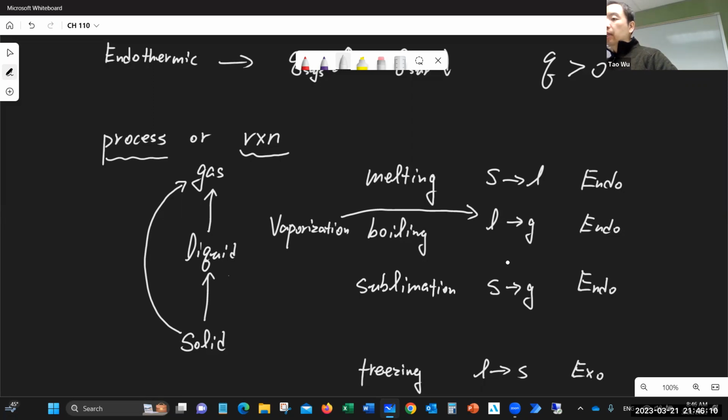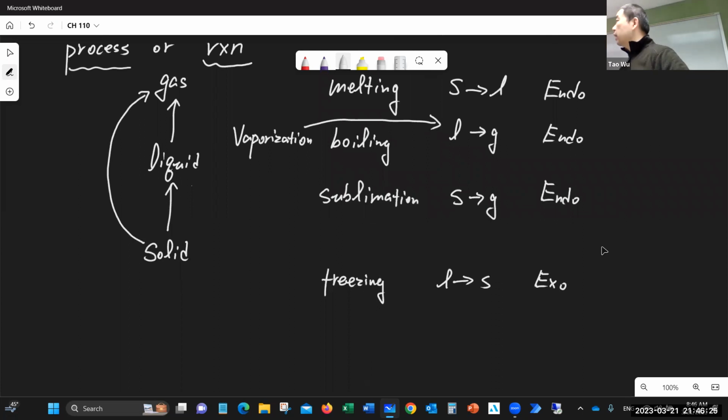So for solid, liquid, and gas, going from lower temperature to higher temperature is always endothermic. And going the opposite way, from higher temperature to lower temperature, must be exothermic, which means releasing the heat out. So freezing is from liquid to solid.